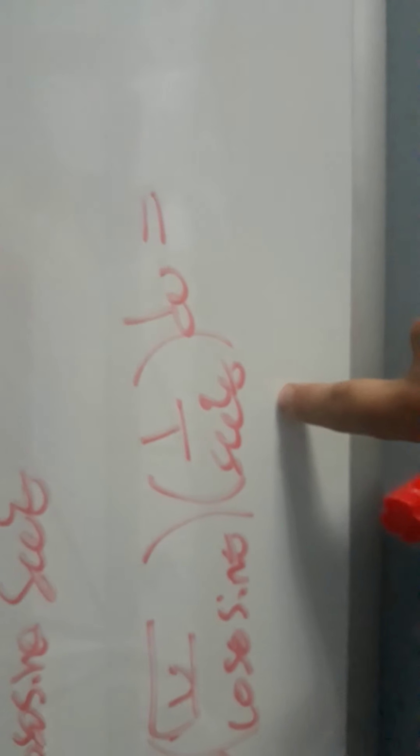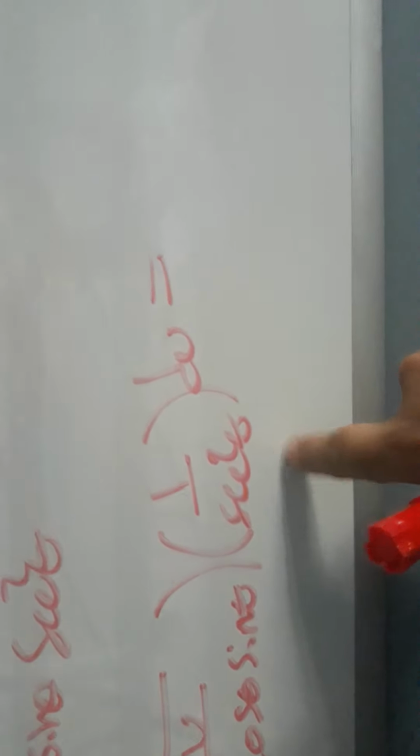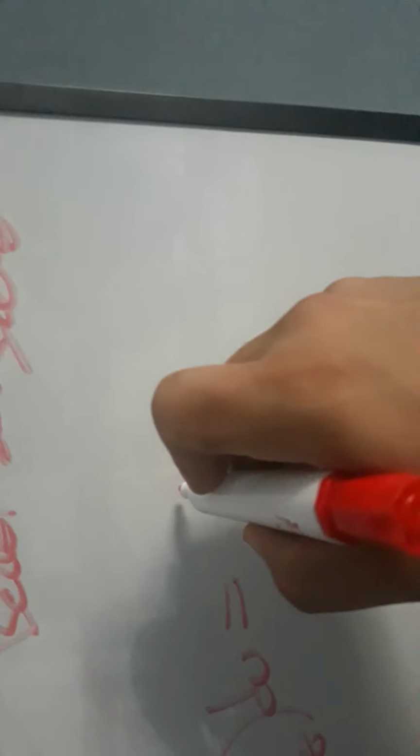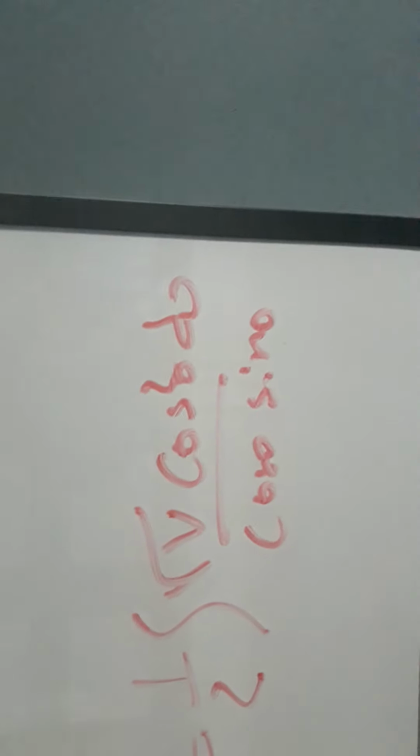So, and then you have this. Okay? So that's the same as doing 1/2 radical u cosine squared du all over cosine theta sine theta.